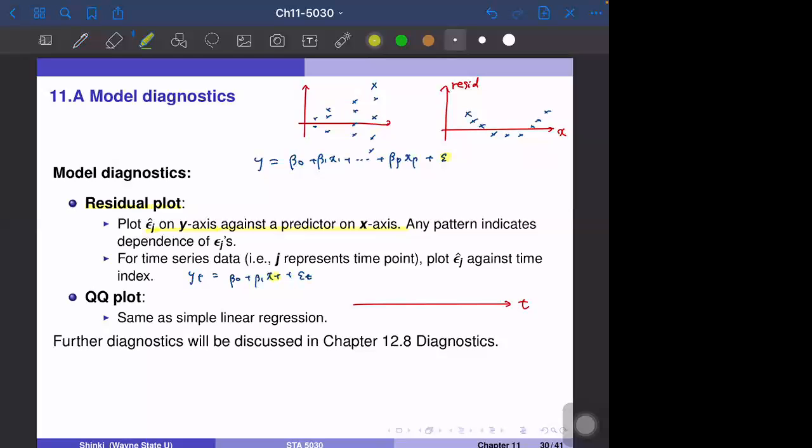If we plot t against the residuals, and they are distributed like this, this is a typical situation. This is a problem because the errors are not independent. If you take two adjacent residuals, the error size is always similar. So that means errors are dependent.